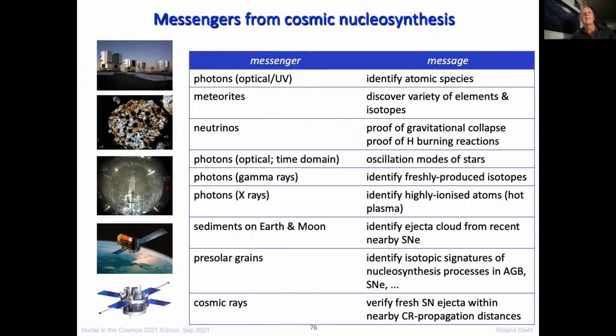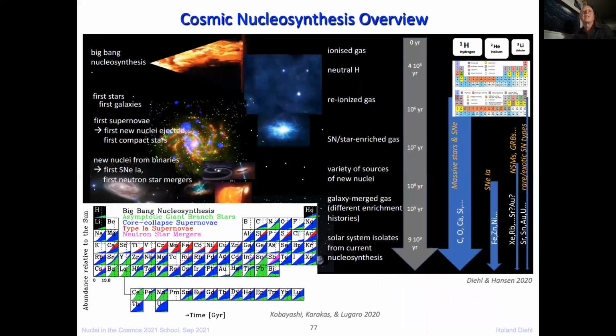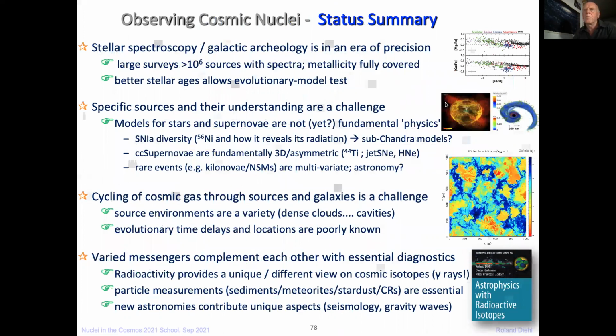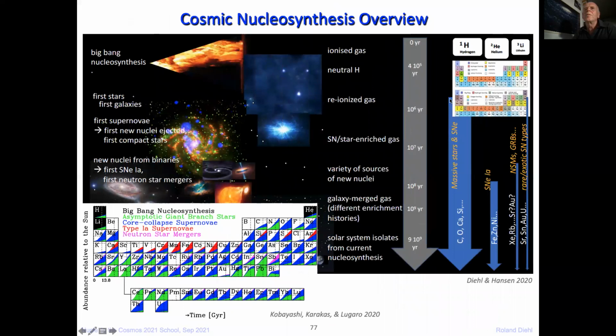The summary of this is that we have a variety of different sources that produce, on the time axis of cosmic times, massive stars started after the galaxy formed, and type 1a explosions added later. Neutron star mergers and rare exotic supernovae may also have happened around the same time, and the solar system formed about at a time here. And the current universe is observable, of course, in the current epoch.